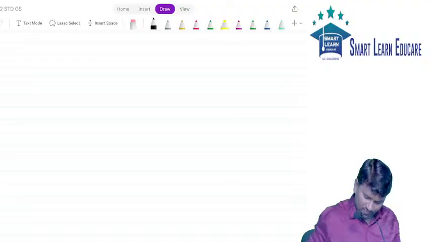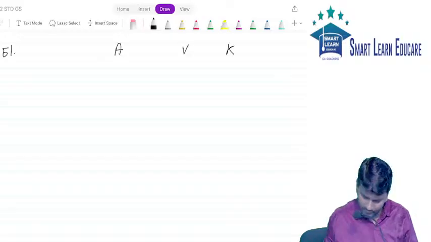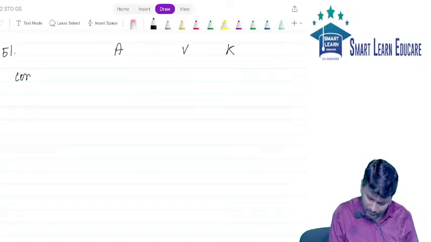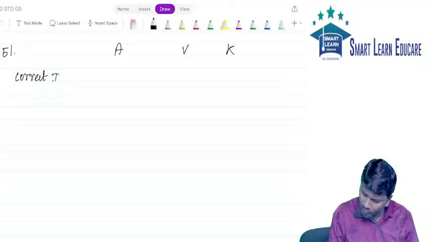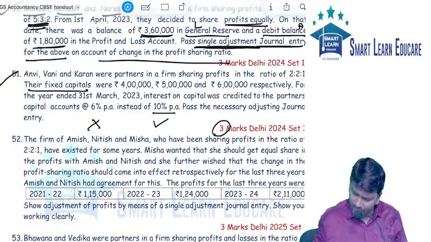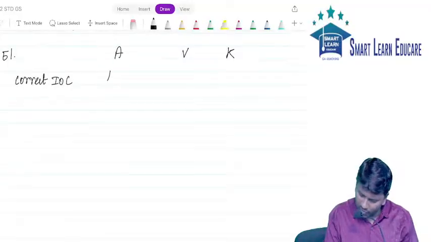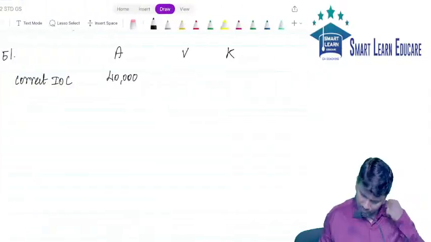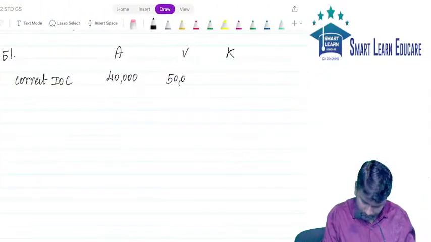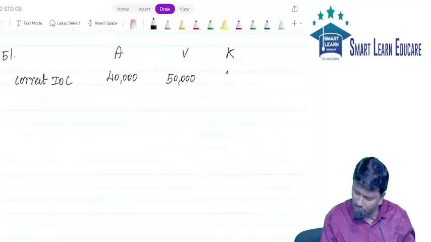3 partners, question number 51. A, V, K. Correct IOC is 10%. 4 lakh into 10% is 40,000, 5 lakh into 10% is 50,000, 6 lakh into 10% is 60,000.